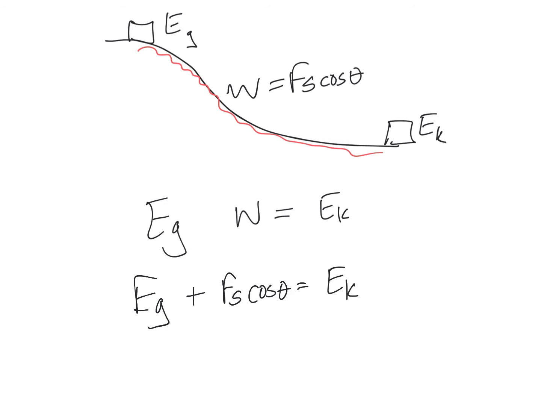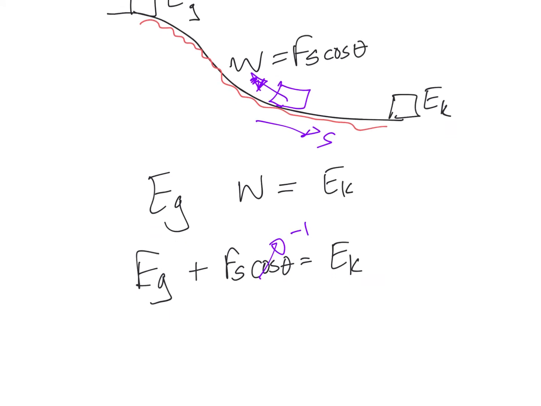In this case, as it's sliding, my frictional force is going to be backwards, my displacement would be forward, so that would make this a negative, right? And that's going to be fine and result in this value being smaller than this value because we're subtracting the work that's done, right?